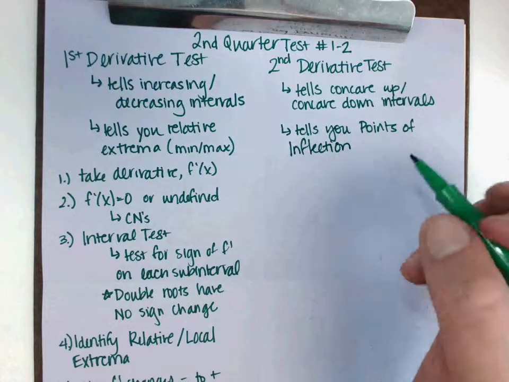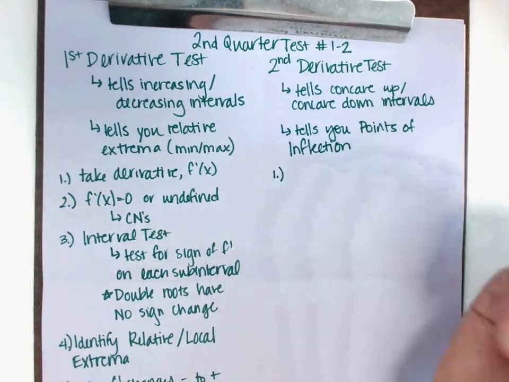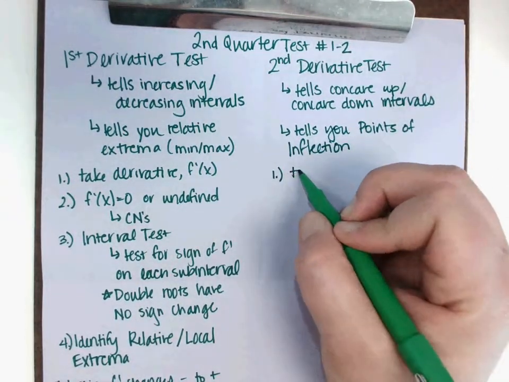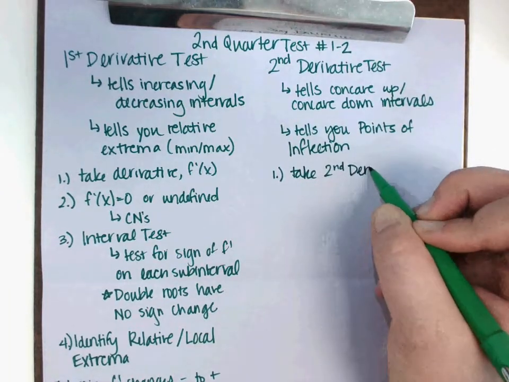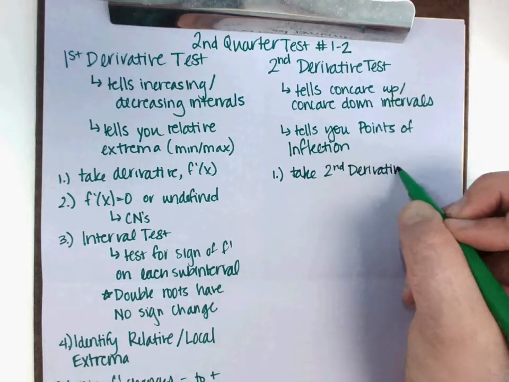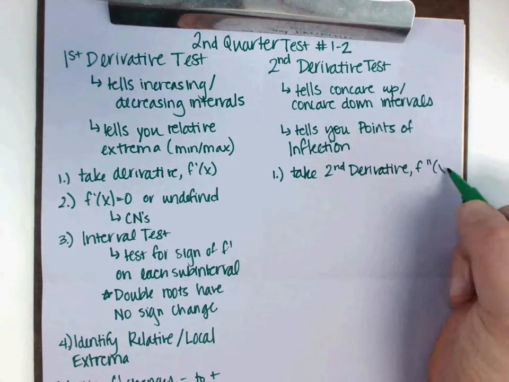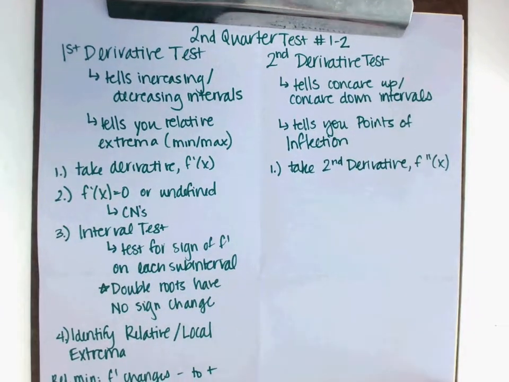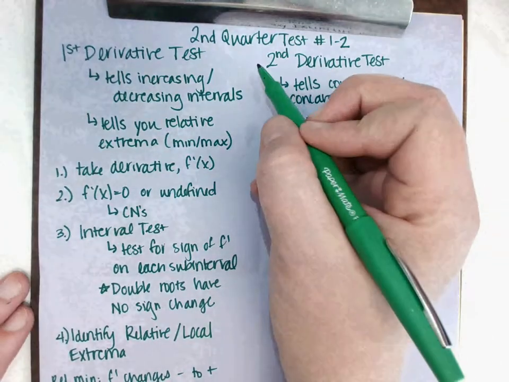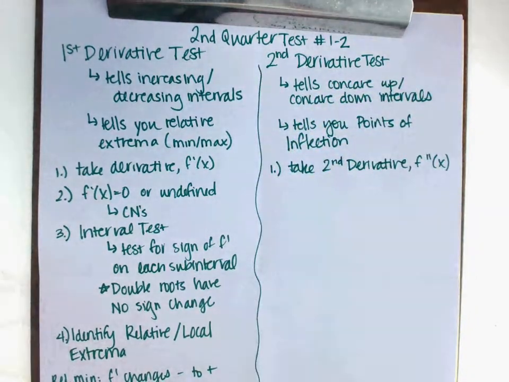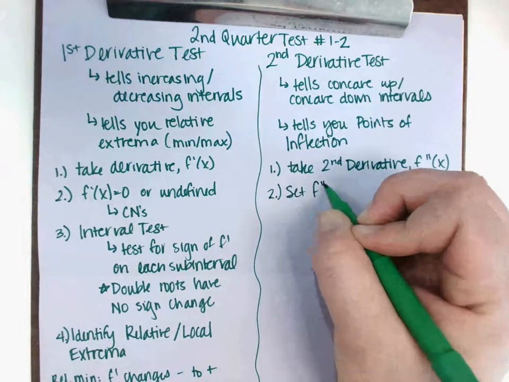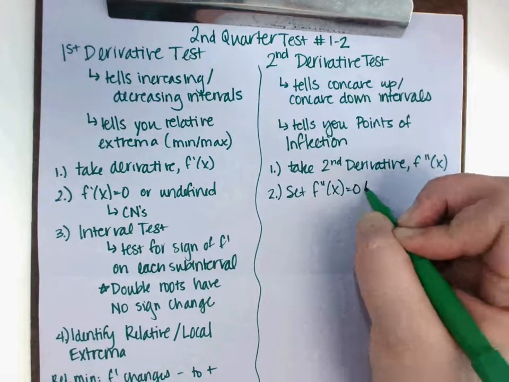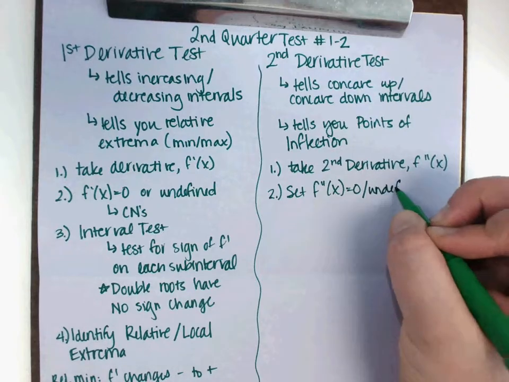So remember, for your steps, step number 1, you are going to take the second derivative. And remember, that's called f double prime of x. After you take the second derivative, you are going to set it equal to 0 or undefined.